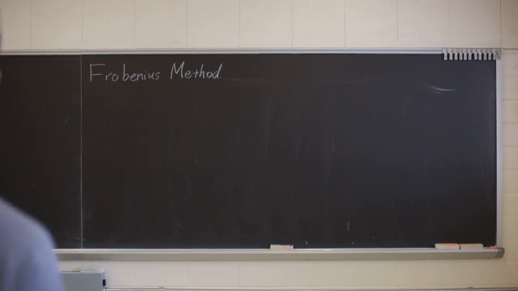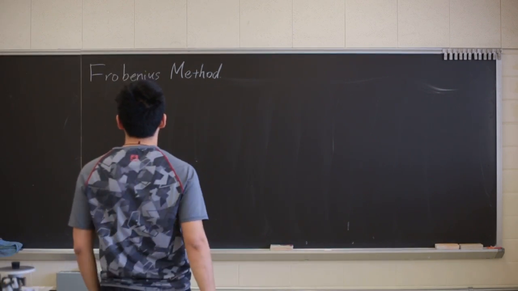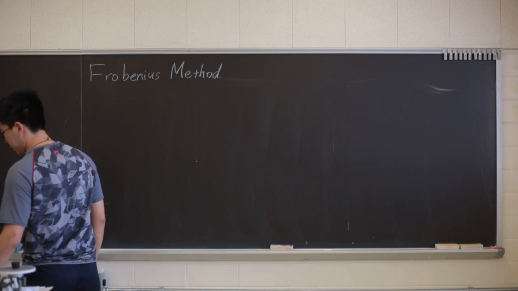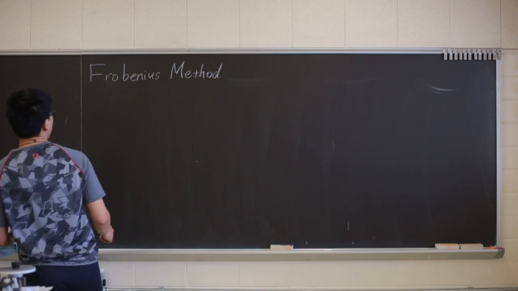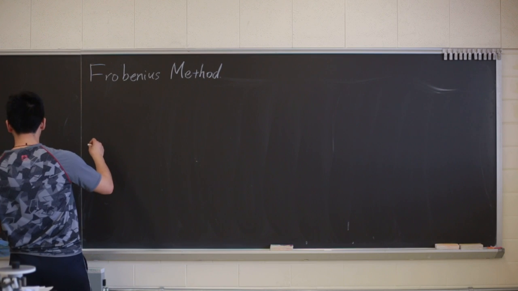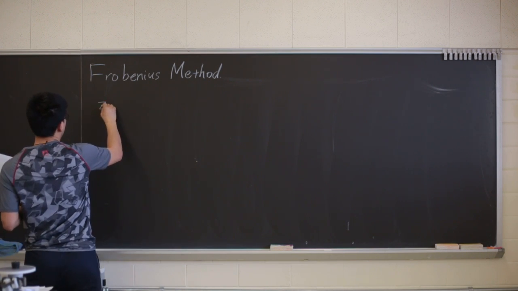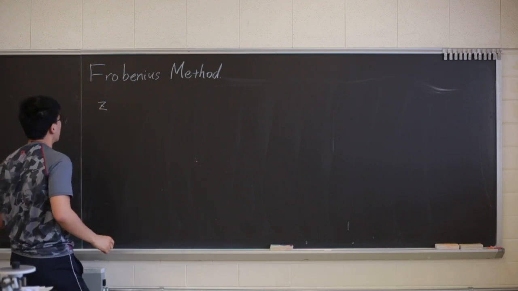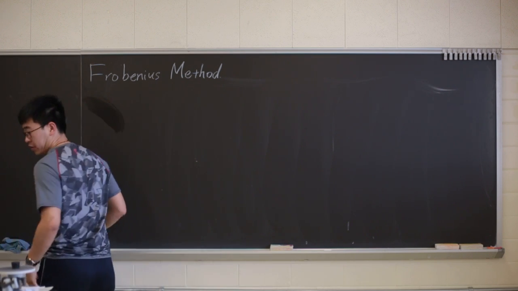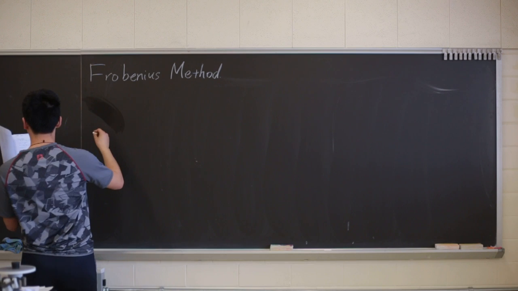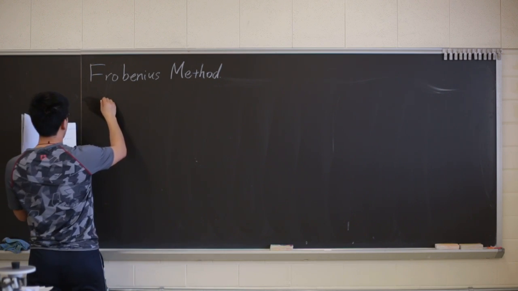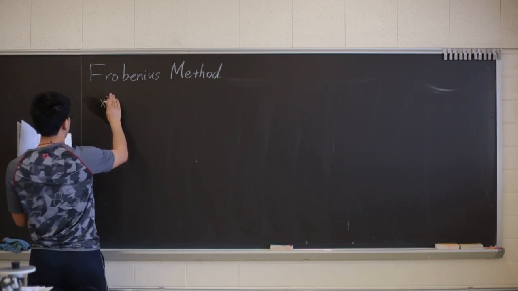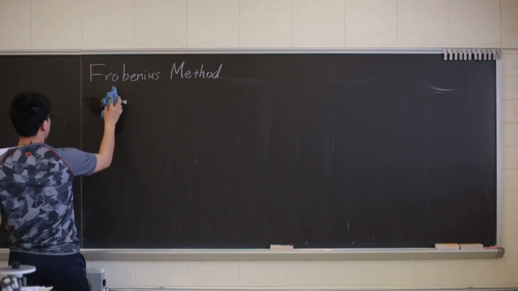Okay, I will talk a little bit about the Frobenius method. So, say if we have a second order differential equation in the form of such. Let's make a general case.